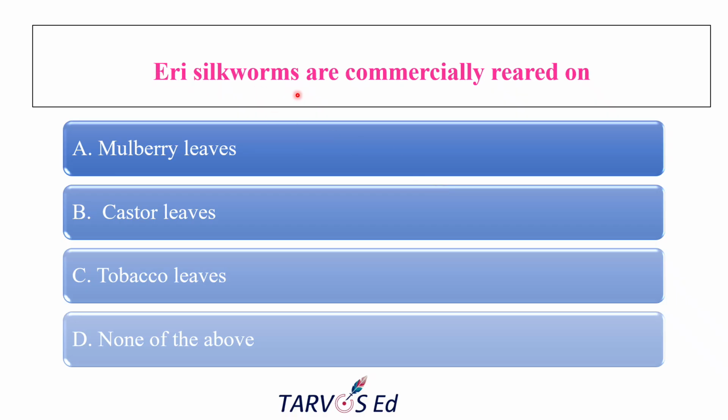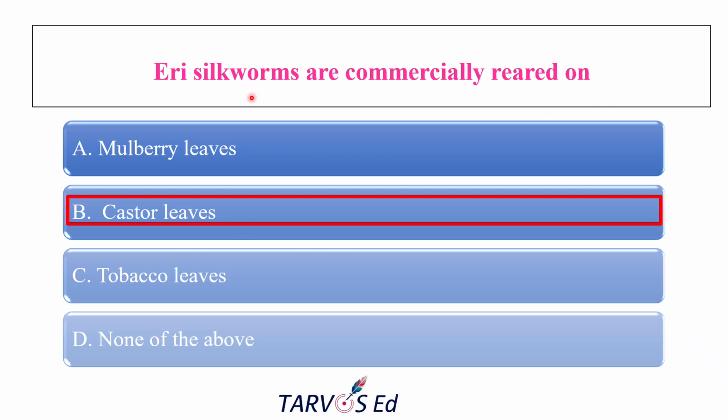Eri silkworm is usually reared on which leaves, they asked. Option A, mulberry leaves. Option B, castor leaves. Option C, tobacco leaves. Option D, none of the above. The correct answer is castor leaves. Because the eri silkworm, Samia cynthia ricini, is commercially reared on castor leaves, Ricinus communis.